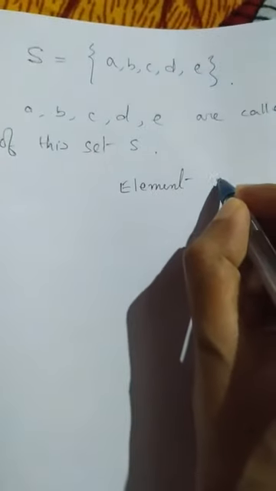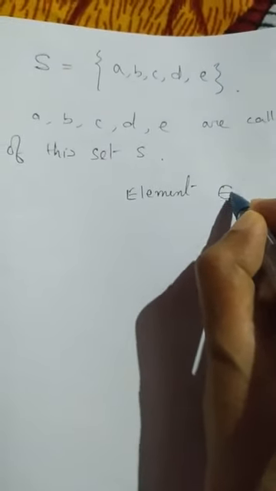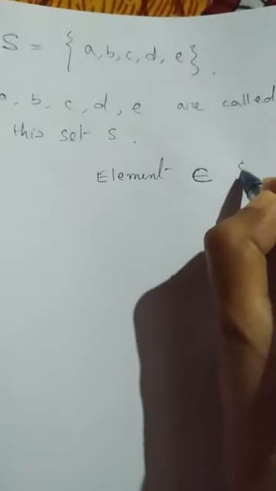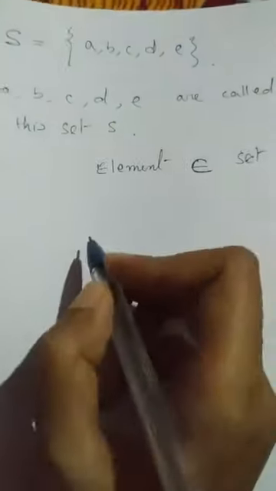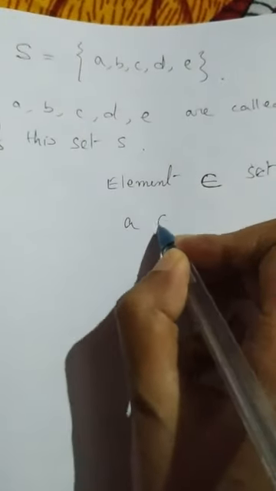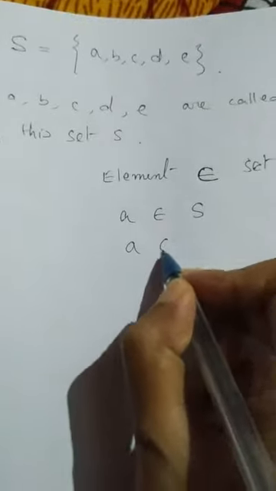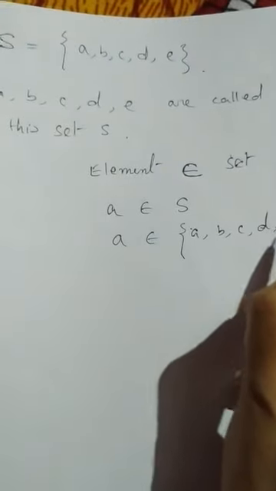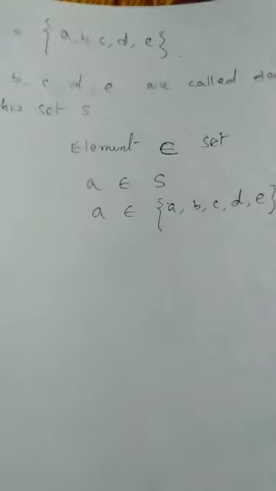So for an element we will use this symbol, belongs to, a set. Suppose I can write A belongs to set S, meaning A belongs to this set S, which is nothing but A, B, C, D, E.